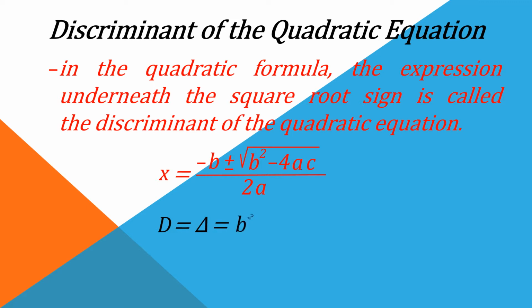It is normally represented by capital D or delta, and it is equal to b squared minus 4ac.